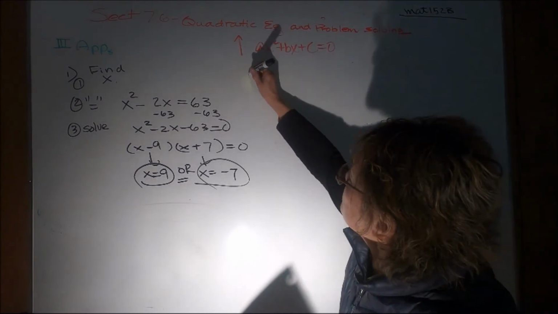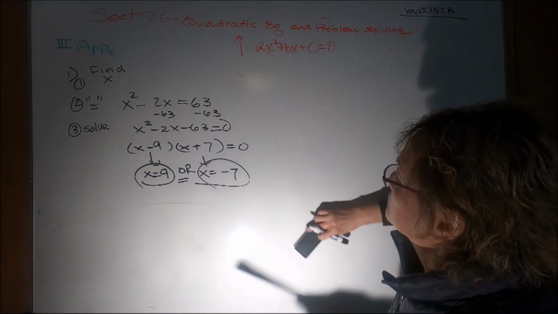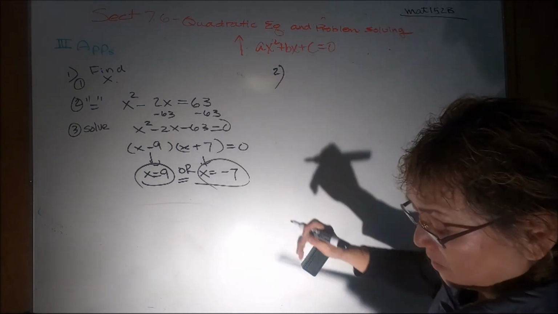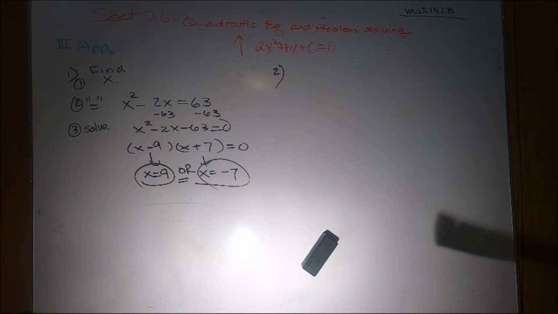Let's look at the next one. Okay, it says the length of a rectangle is 5 feet more than its width. The area of the rectangle is 176 square feet.